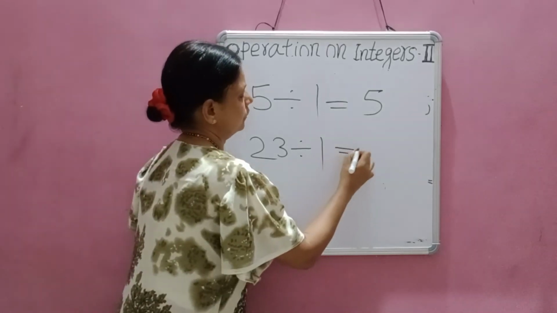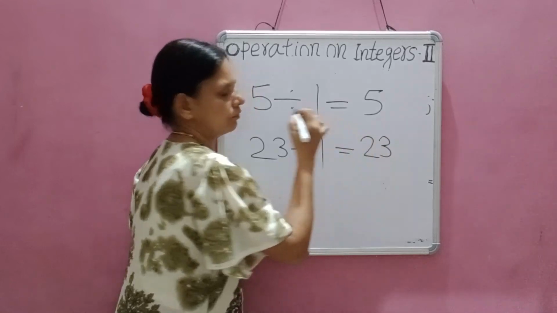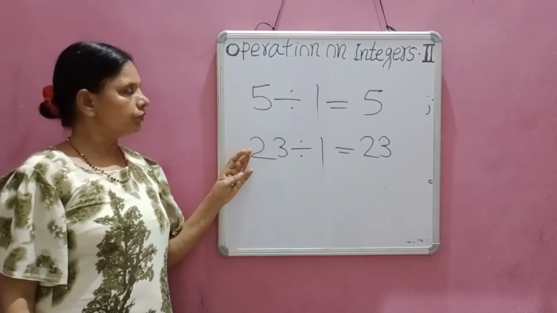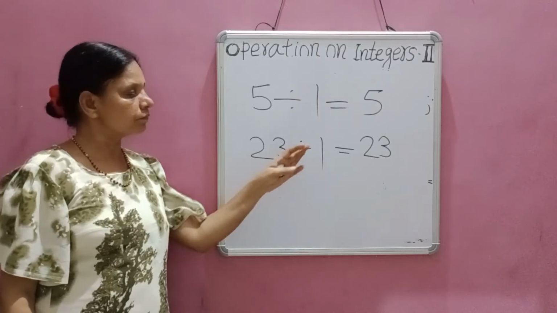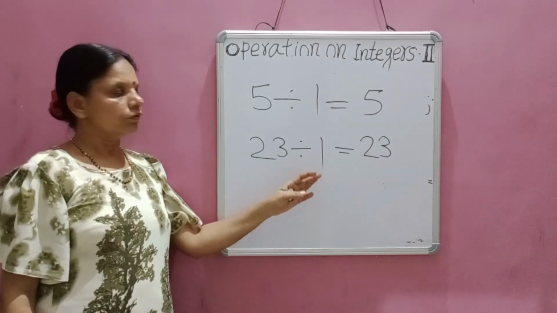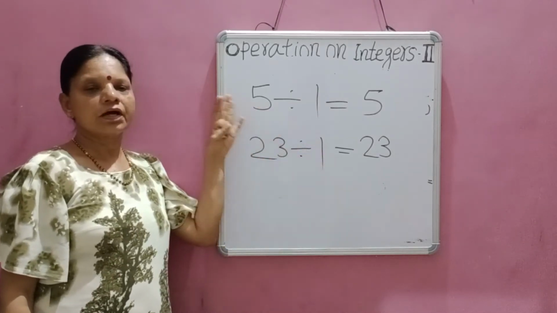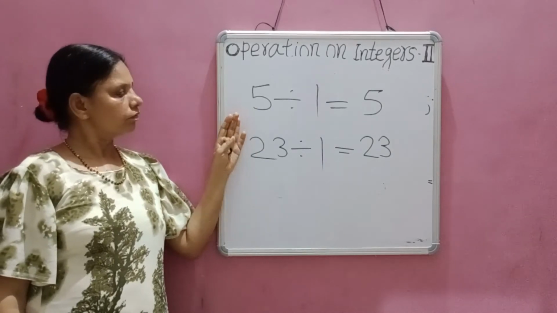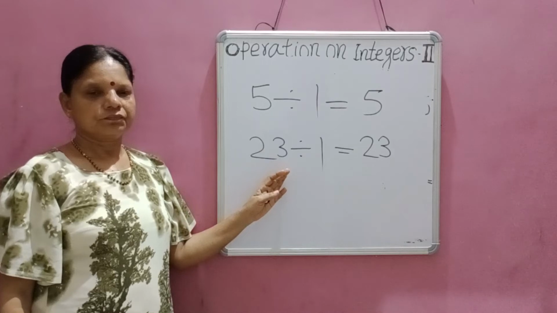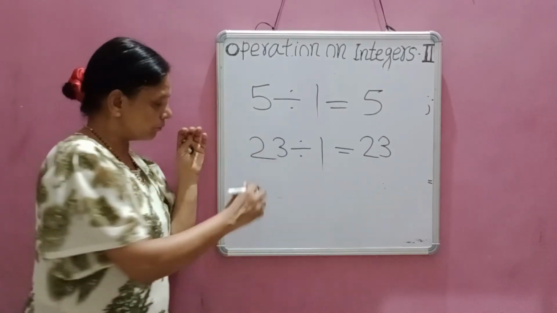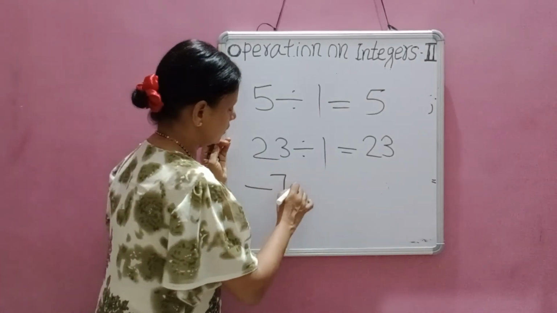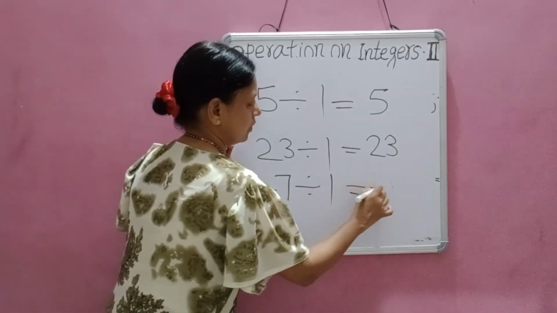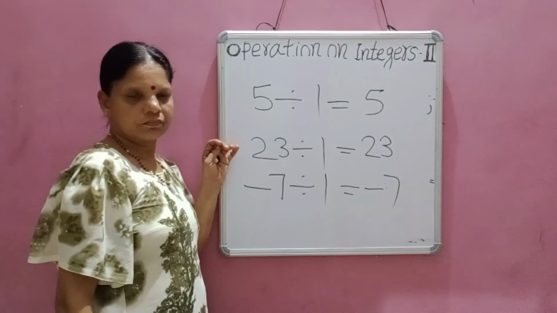The answer is 23. So what is the rule? If you divide any integer by 1, you will get the quotient as the same integer. Any integer, even a negative integer. Suppose it is minus 7 divided by 1. What will be the answer? Minus 7. Clear?